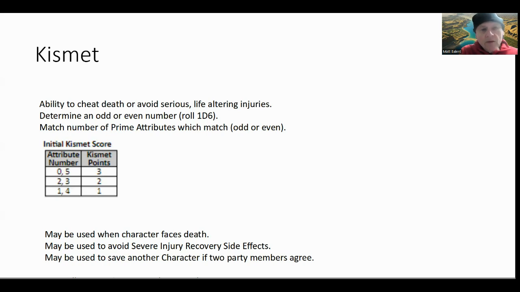Or you can also use your points to help save another character within your party. And to do this, however, at least two players need to agree to donate a point. In which case, if two players agree, then that character avoids death or avoids these serious side effects.